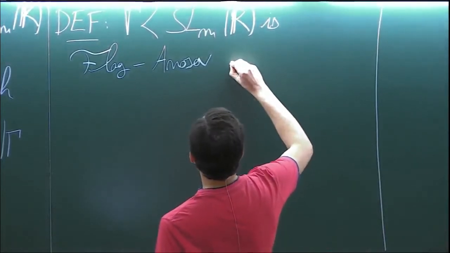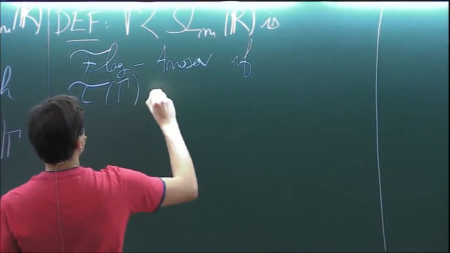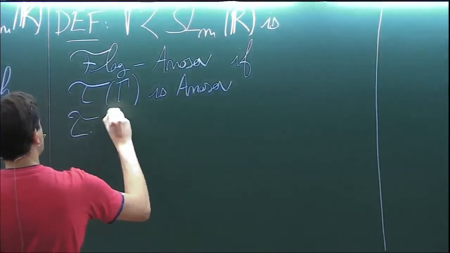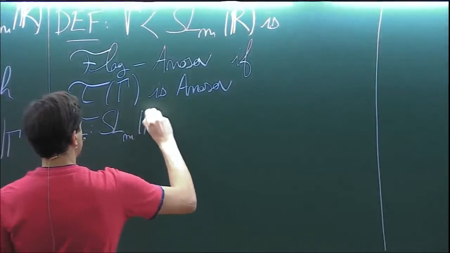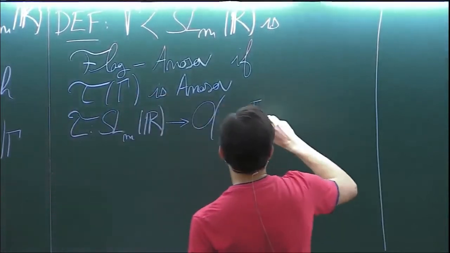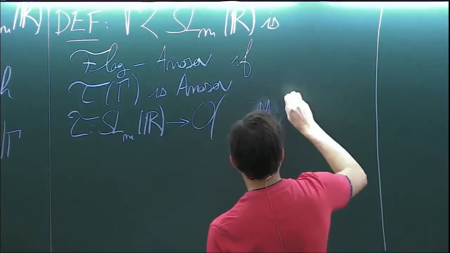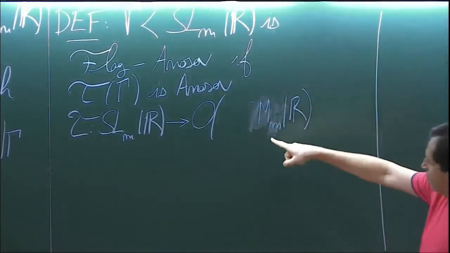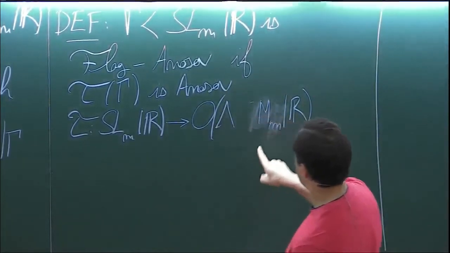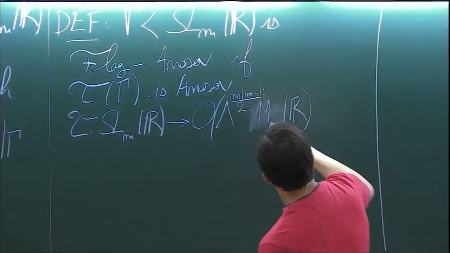So, if the following happens: if tau of gamma is Anosov, where tau is the action of SL(m,R) on, so it's not exactly the space of matrices, but you have to build up some other space, and you have to take some big wedge product of this to that power.